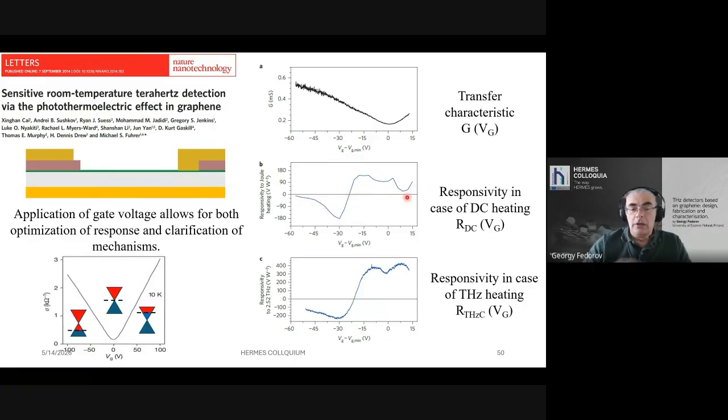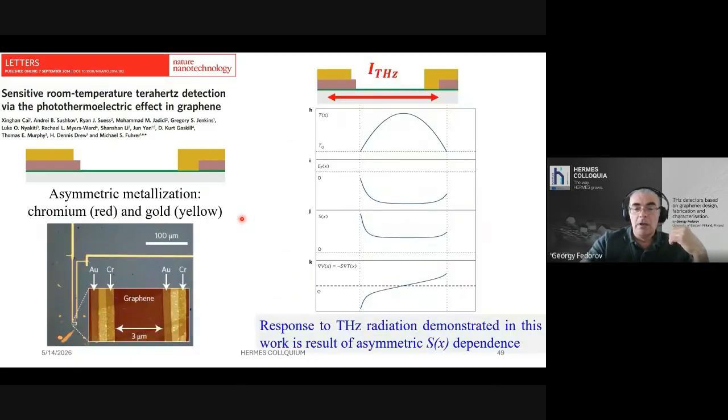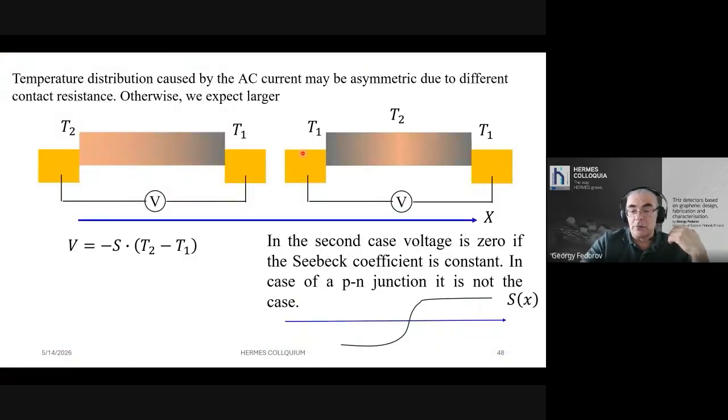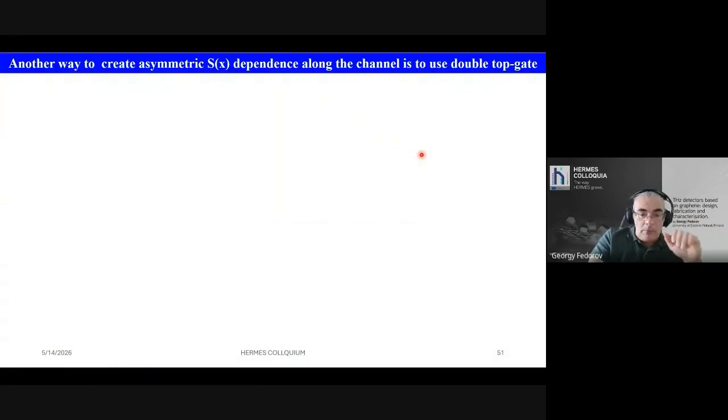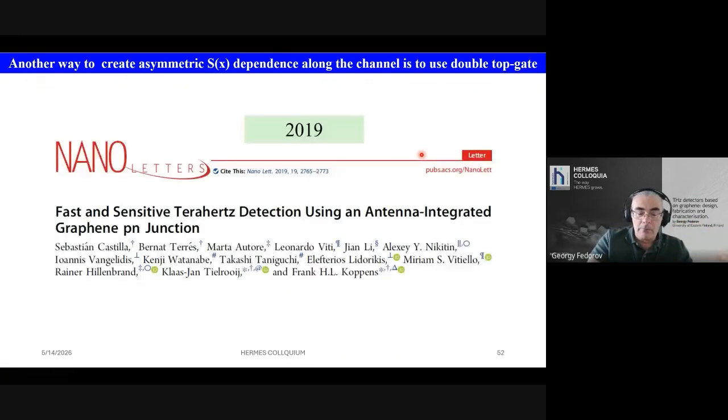So you can heat this with a small frequency AC current and see the onset of DC voltage as the result, because, as I was explaining before, nothing depended on the frequency of the current that results in this Joule heating. Okay, so there is another way to create the asymmetry required to create photo-induced voltage.